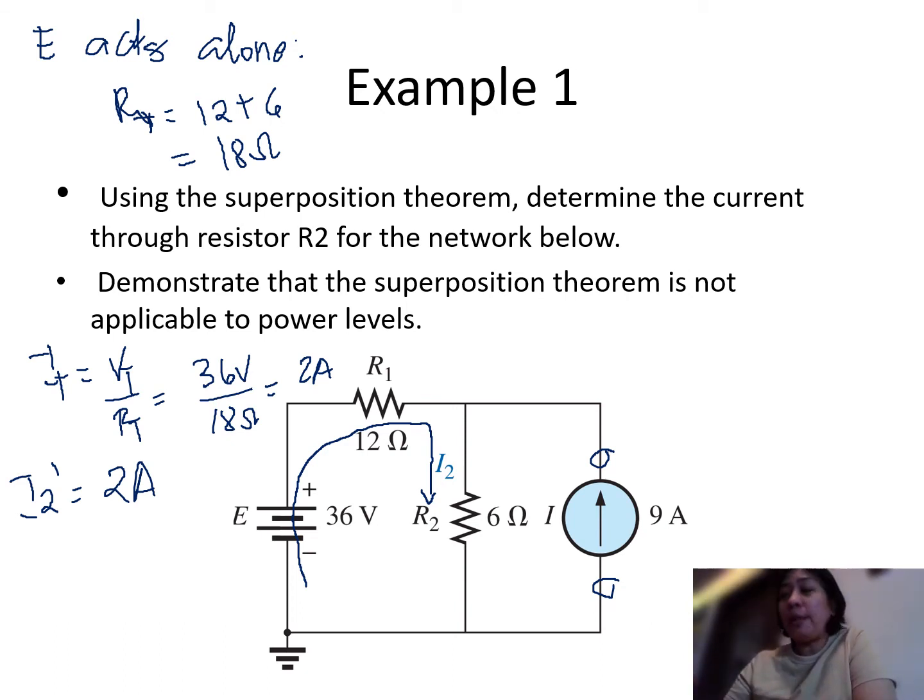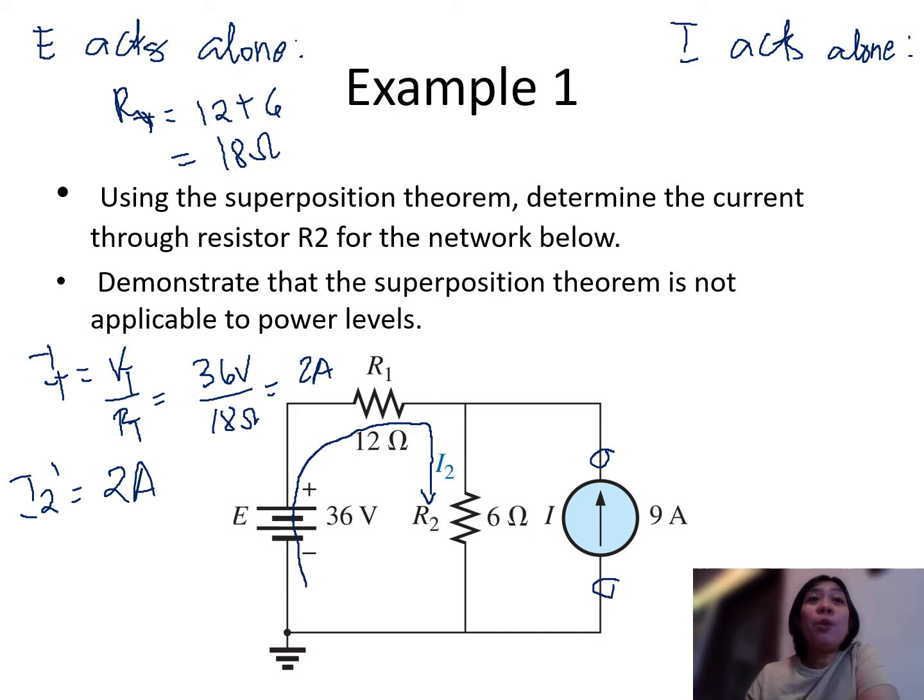For the second part, it is when your current source acts alone. So what are we going to do so that your current source is the one acting on your circuit? This is a voltage source, so we are going to replace it by a short circuit.